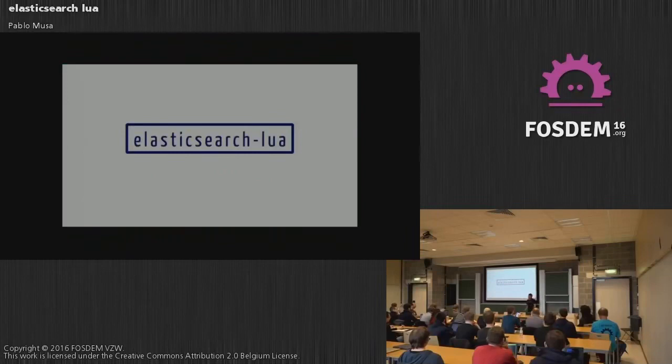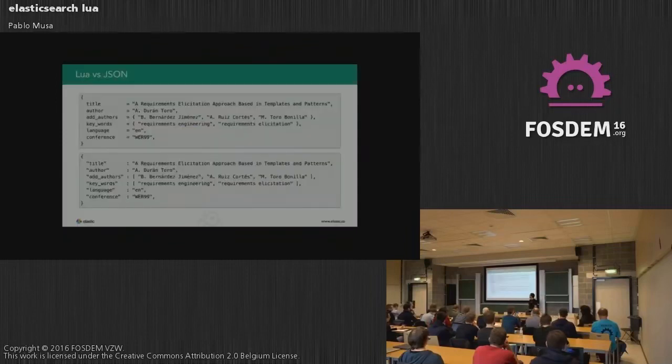So Elasticsearch Lu was created in a Google Summer of Code project together with LabLua and Elastic, as I was at Elastic and I used to be at LabLua. The main thing I started thinking was, okay, we have Lua here and JSON here, and what are the differences? What do we need to do to write one way or send it the other way?